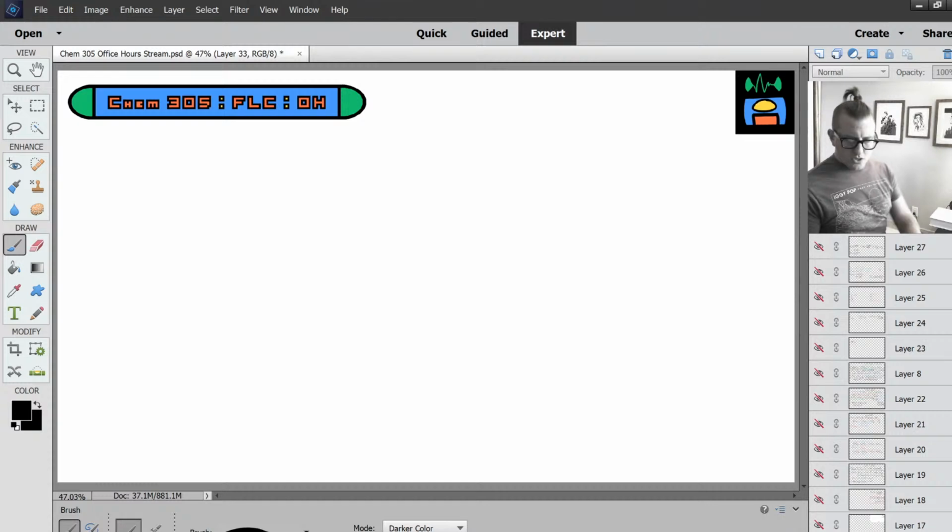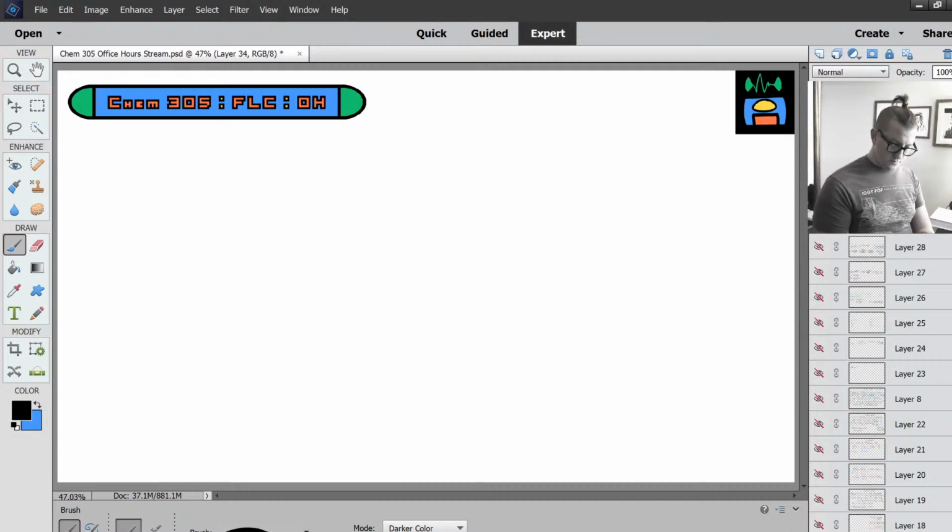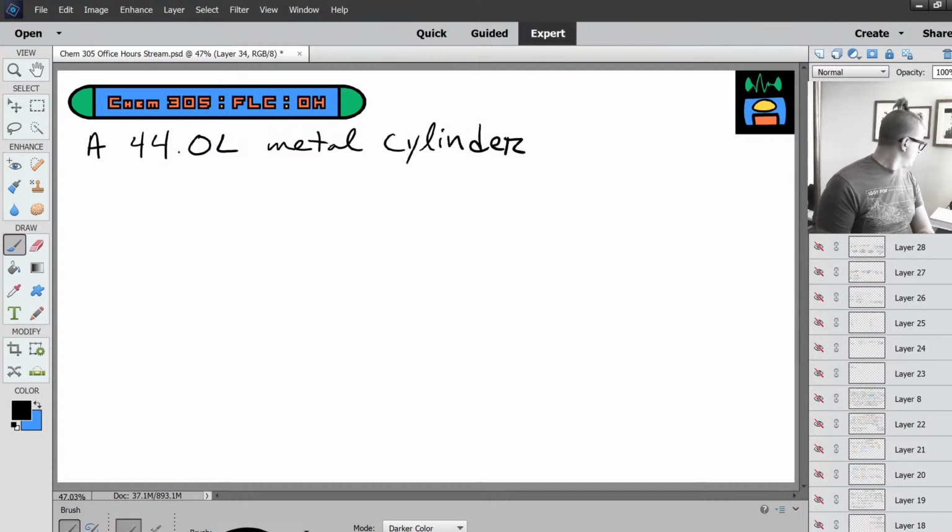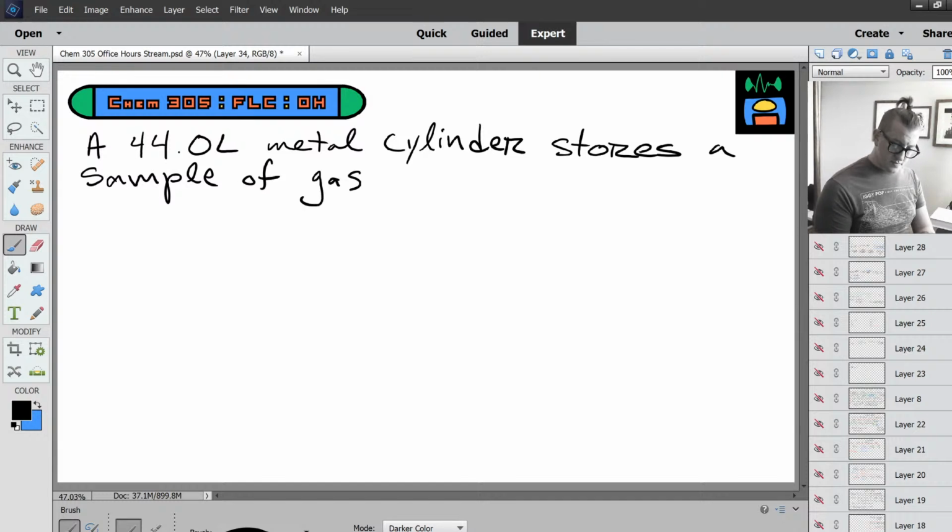So, Jen, does this sound familiar? A 44.0 liter metal cylinder stores a sample of gas at 23 degrees Celsius.